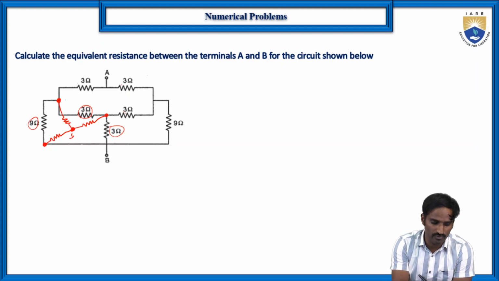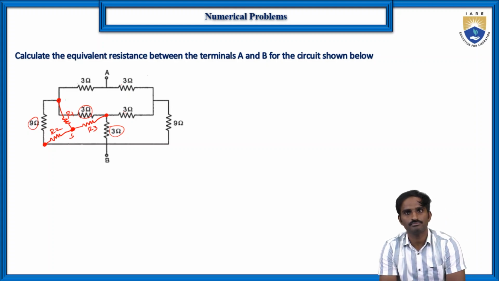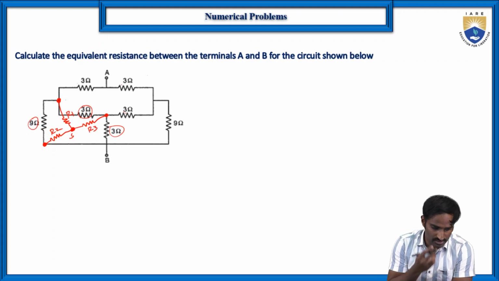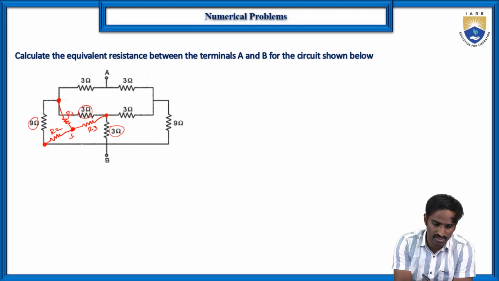So now we are going to find the values; let us consider here it is R1, here R2 and here R3. Or in other words, let me draw it for our simple understanding. Because we are going to consider these three resistors, the other resistors I am drawing as they are.